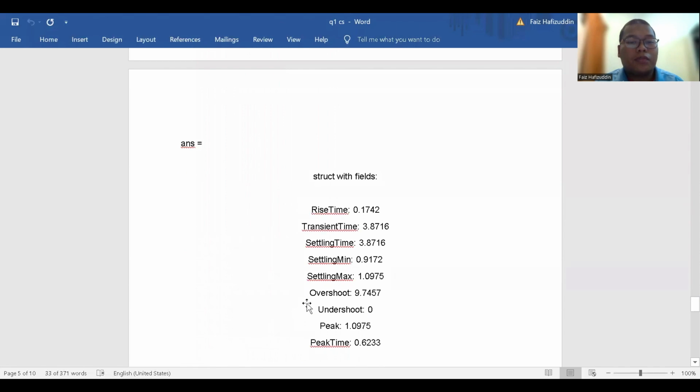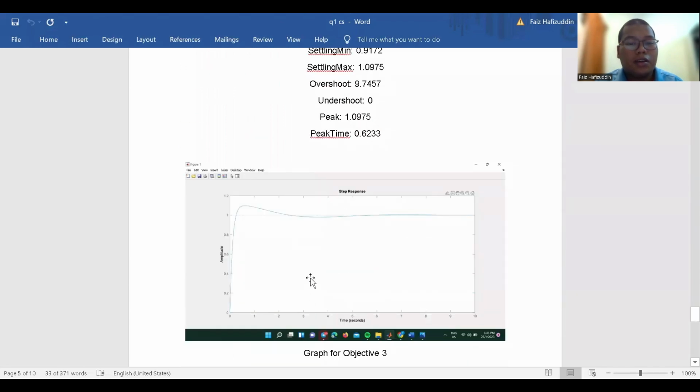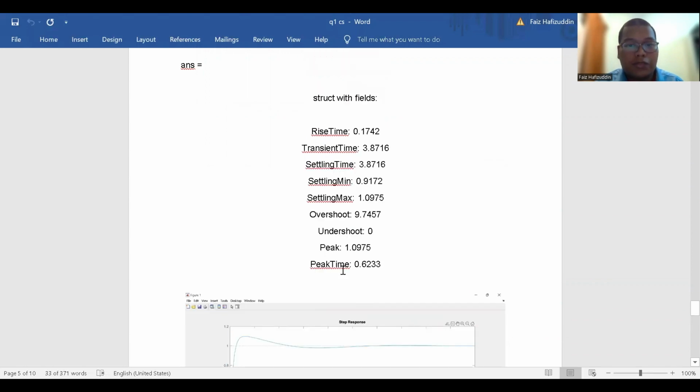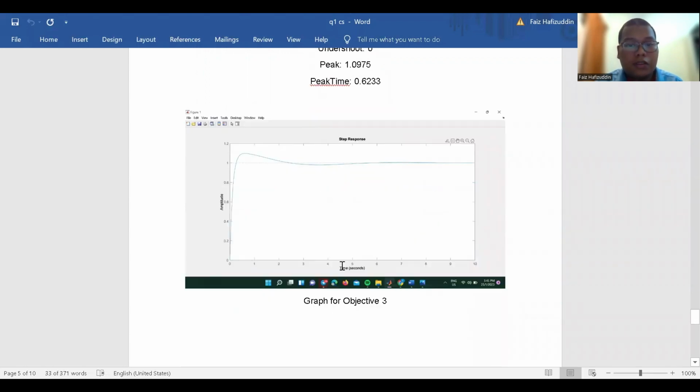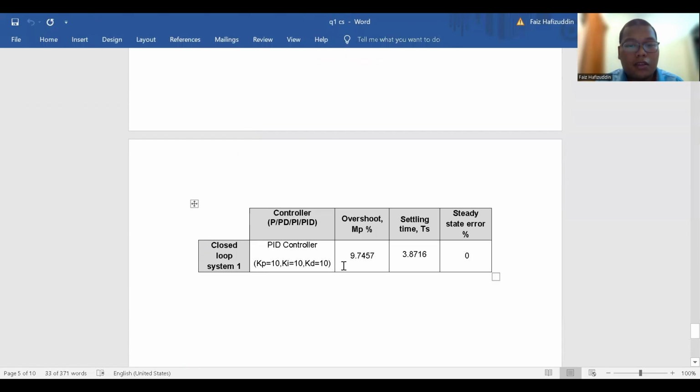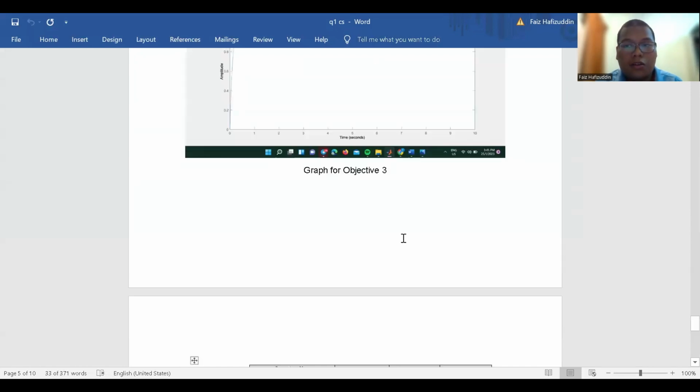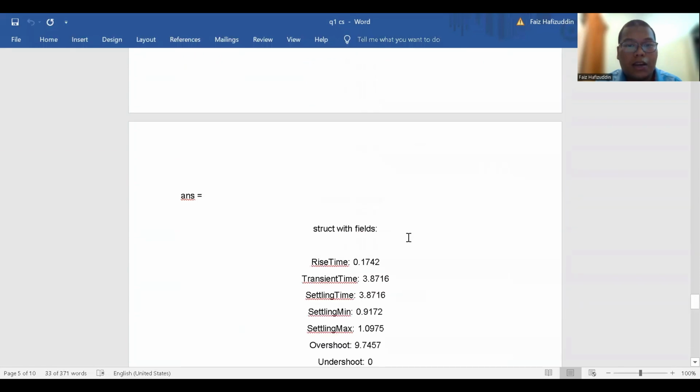This is the graph for objective 3, and the overshoot is 9.757. The settling time is 3.8716, and the steady state error is 0. So it shows that when we add a controller, it becomes more stable.